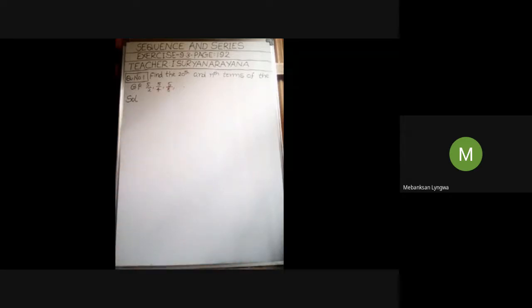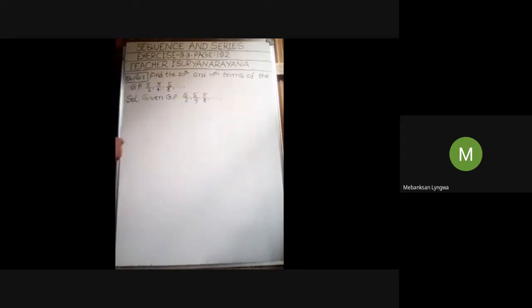Right. Here a geometric progression is given, that is 5 by 2, 5 by 4, 5 by 8, and so on. In this geometric progression, what is the first term?